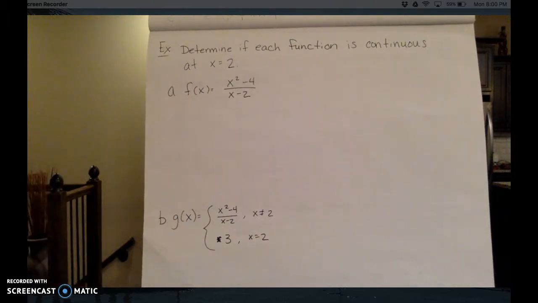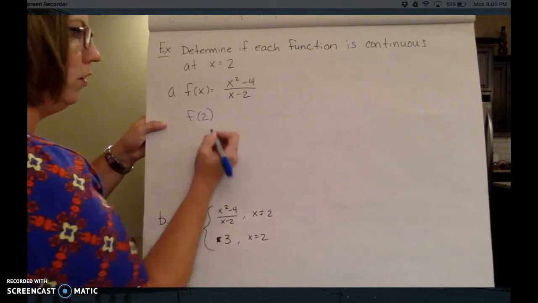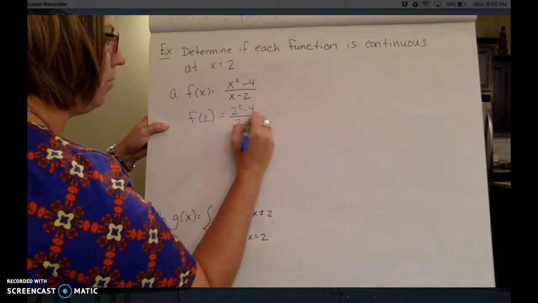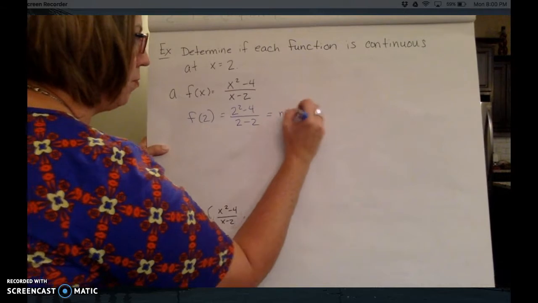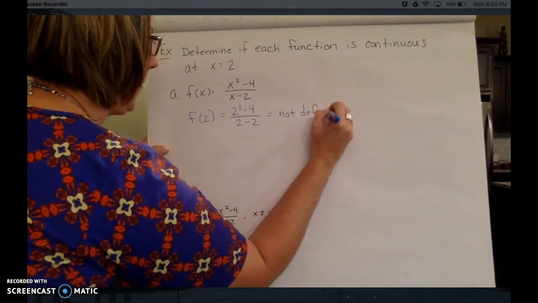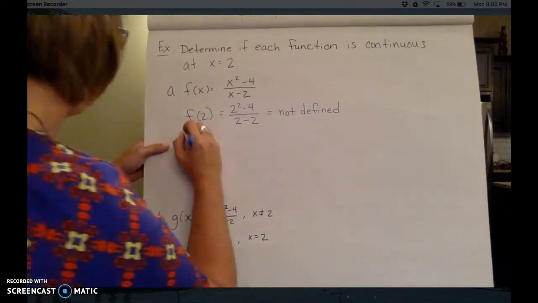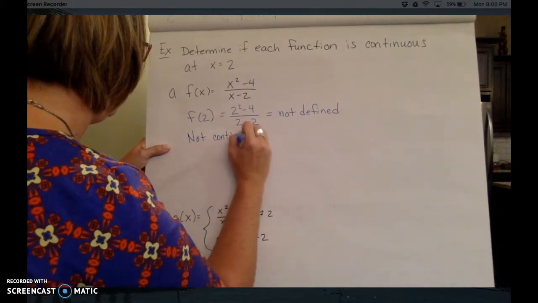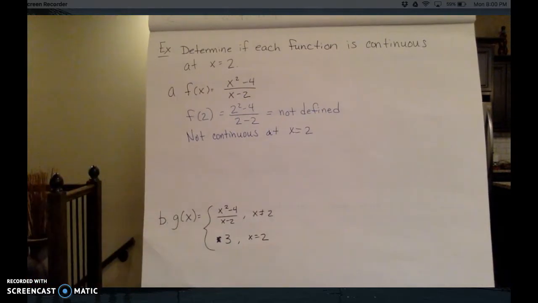And what we're going to find is that when we try to find f of 2, we'll have 2 squared minus 4 over 2 minus 2, which is not defined. So this one is not continuous at x equals 2.